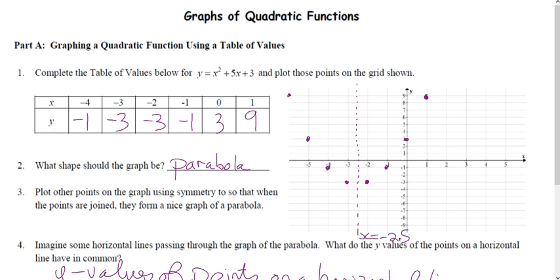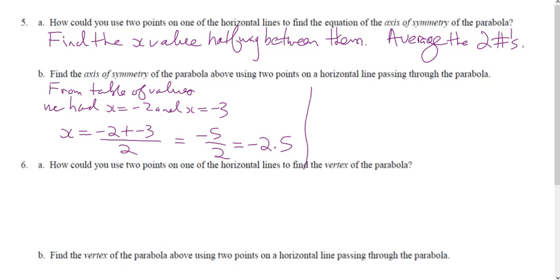What's another pair of numbers we could use? We could use -5 and 0, right? We could use the points -5, 3, and 0, 3.